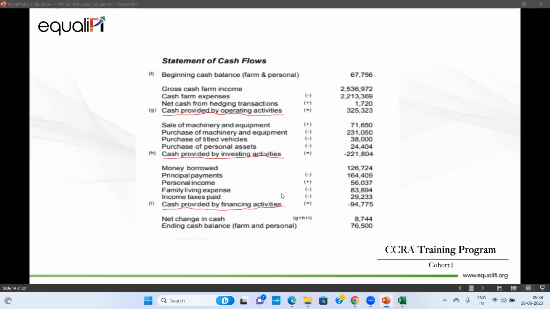What are the other observations? Yeah, heavy capex done, it is because of purchase of machinery and equipment.